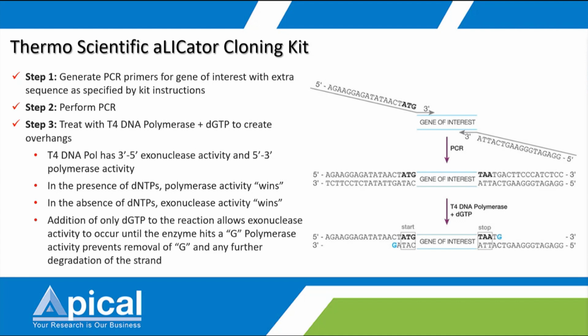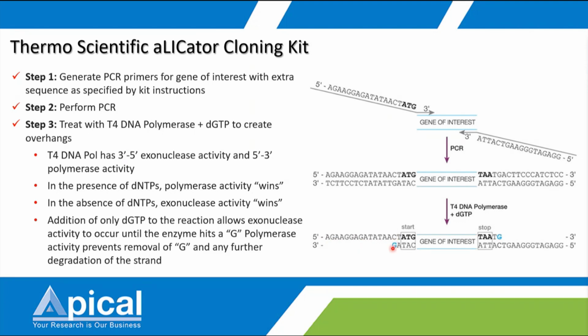So when you treat the PCR product with T4 DNA polymerase in the absence of the other dNTPs, with only dGTP present, the polymerase will chew the sequence up to this point.